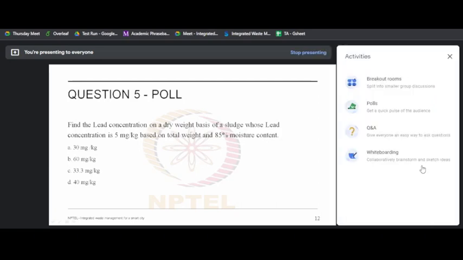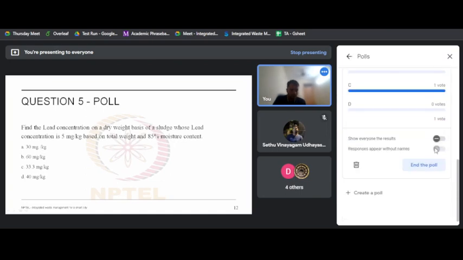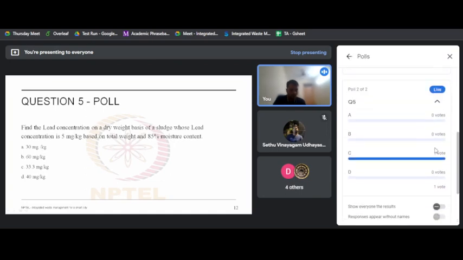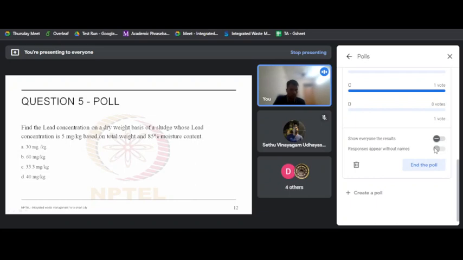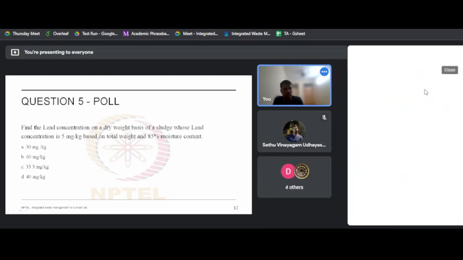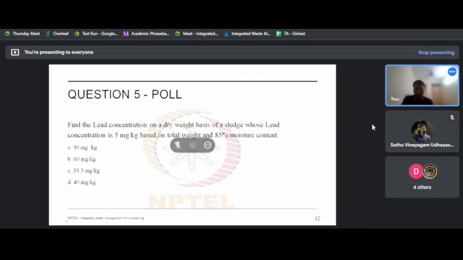Responses after that, let's check. So we have one vote in favor of C. One has responded in the chat. If you have the answer, please respond, otherwise we'll see the answer. Wait for a few more seconds. Discuss the answer.